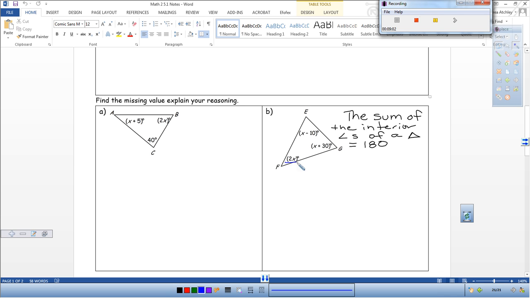So this angle here is 2x. This angle here is x plus 30. This angle here is x minus 10. And all of them together should equal 180 degrees.